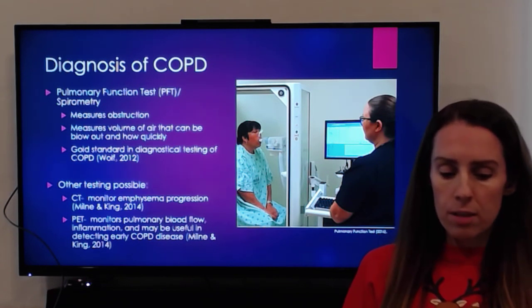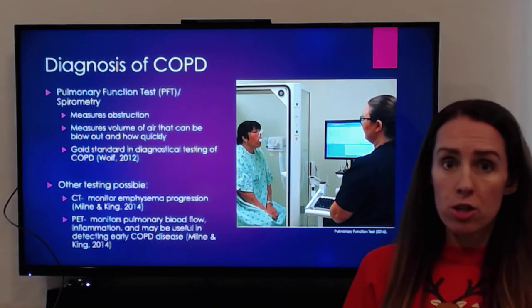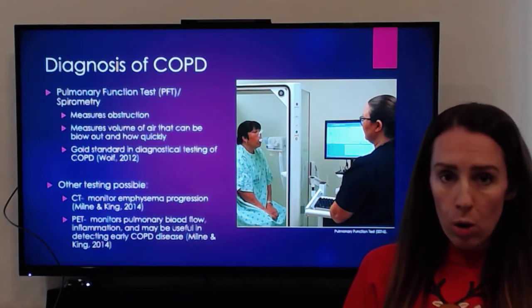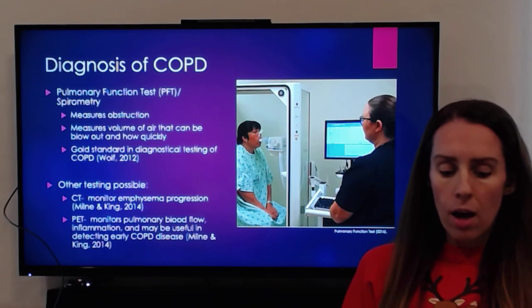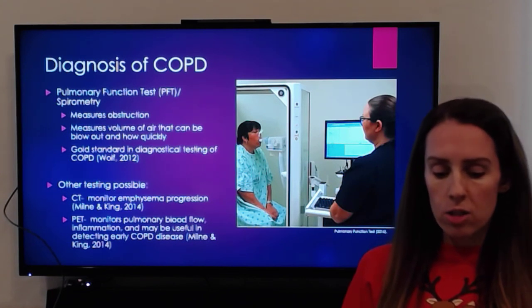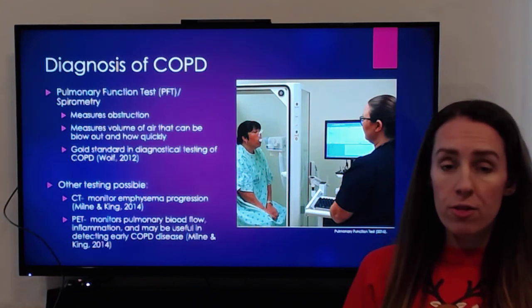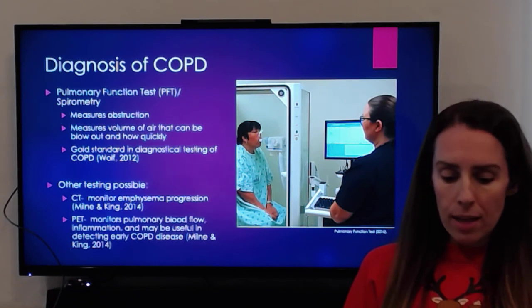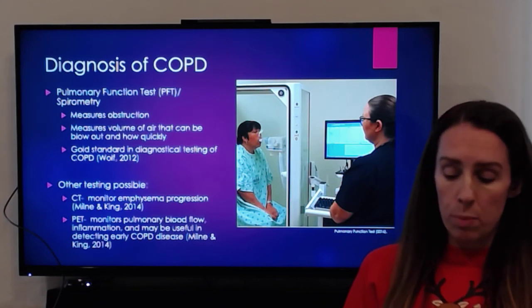The pulmonary function test measures obstruction. It measures the volume of air that can be blown out and how quickly. Other testing is possible, such as a CAT scan, which can monitor emphysema progression, or a PET scan that can monitor pulmonary blood flow. It's useful in detecting early COPD disease.